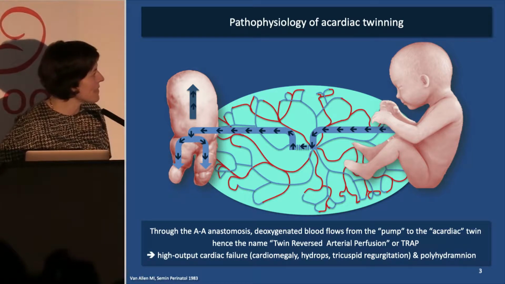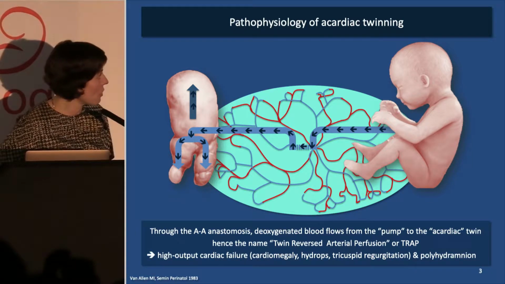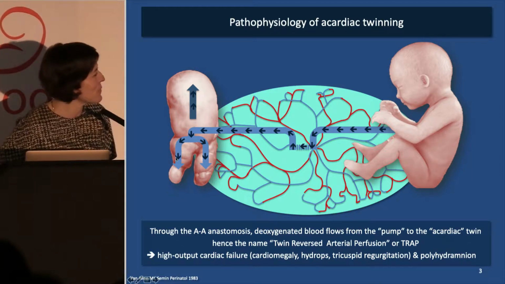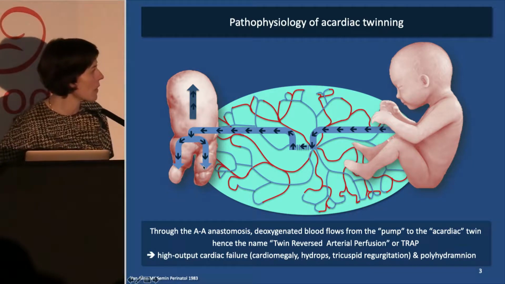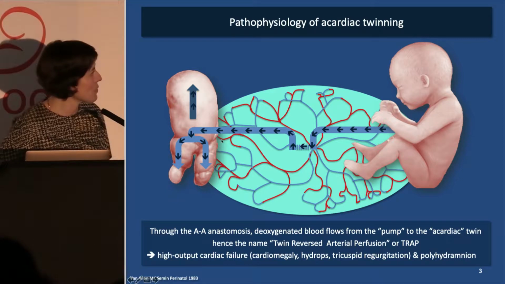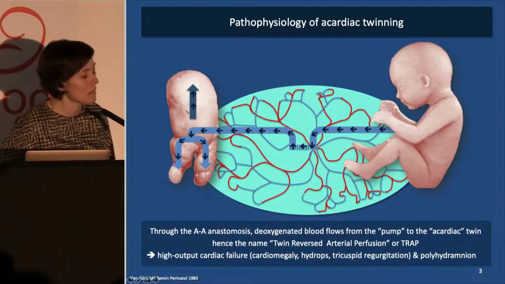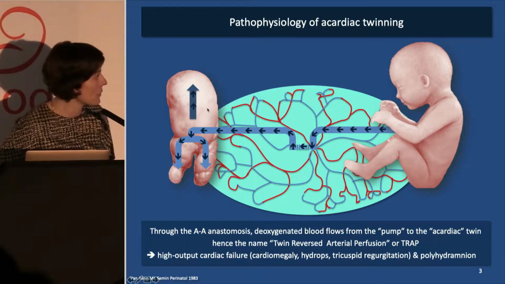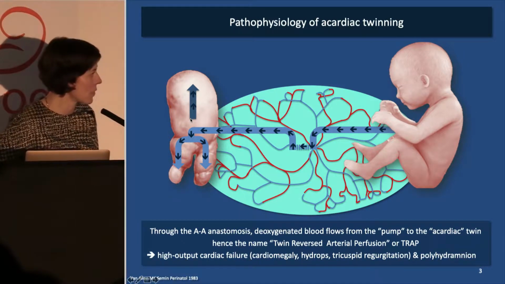That also explains the most common presentation of acardiac twinning, which is that you have a severely abnormal twin, but still a reasonable development of the lower limbs. That's explained by the reversed flow of blood. So more and more oxygen is extracted, and you have mostly a rudimentary development of the upper body parts.